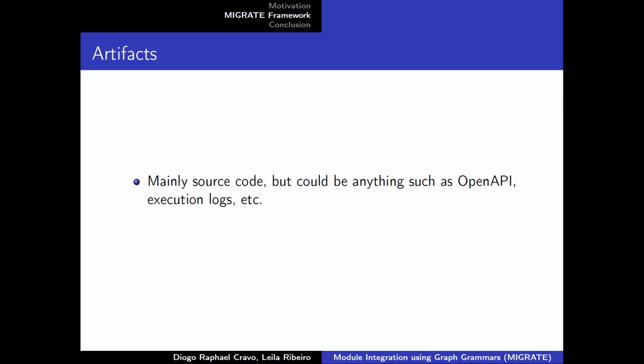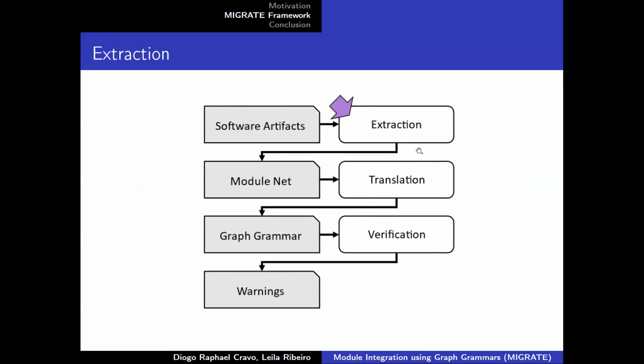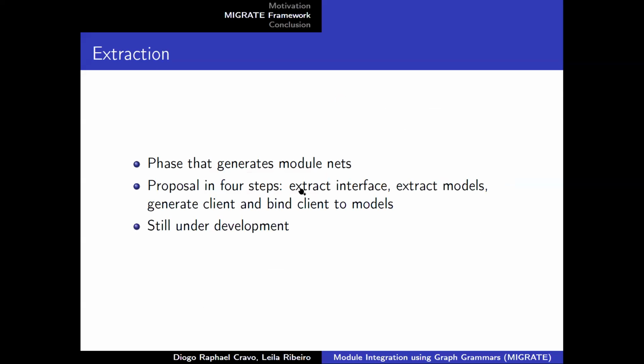So software artifacts can be anything like source code or even service API specifications or execution traces. And the goal of the extraction procedure is to take those software artifacts and produce a module net. Unfortunately, the extraction procedure isn't ready yet. It's still under development.